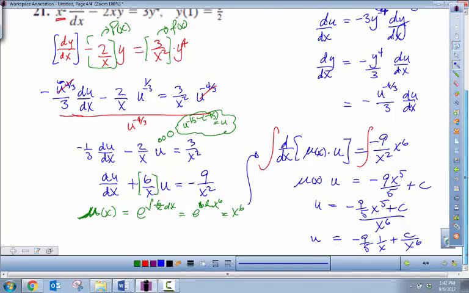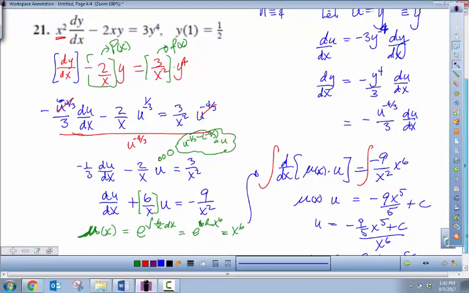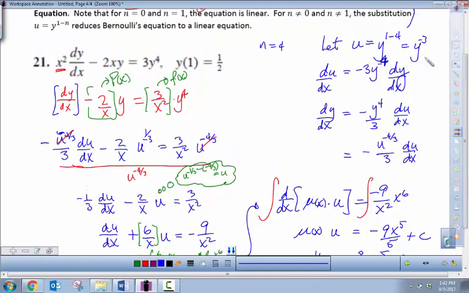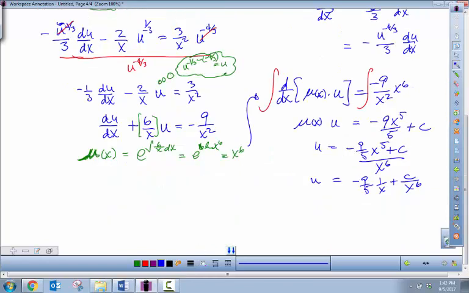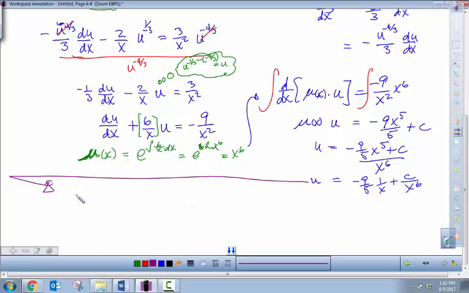So this is what u is equal to, but we want it in terms of y, right? So let's remind ourselves that u was equal to y to the negative 3, so that we have y to the negative 3 is equal to this whole thing.